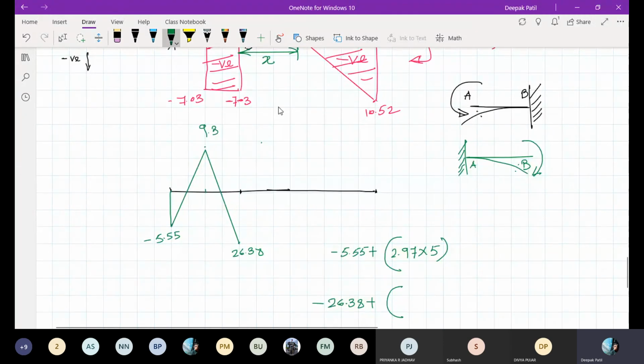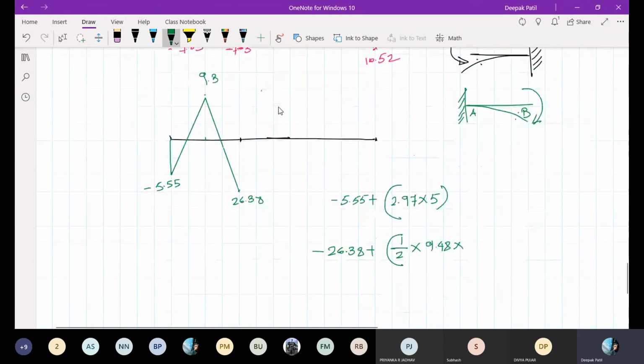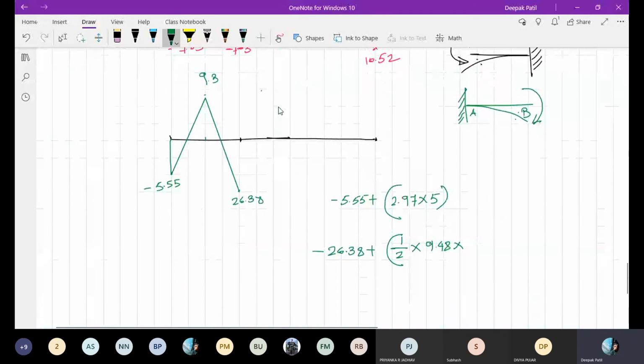Half of base is 9.48 and height is how much? Yeah, base is 9.48 and the height is also 9.48.